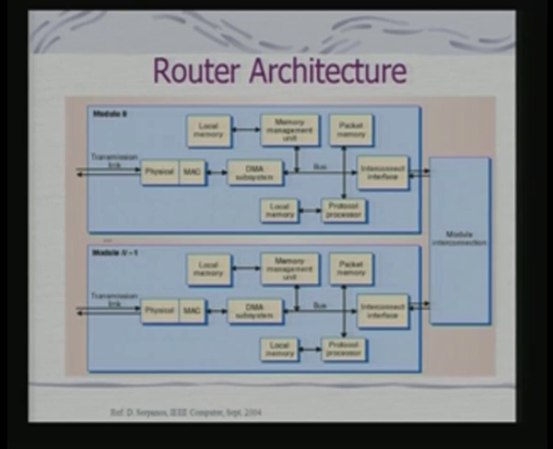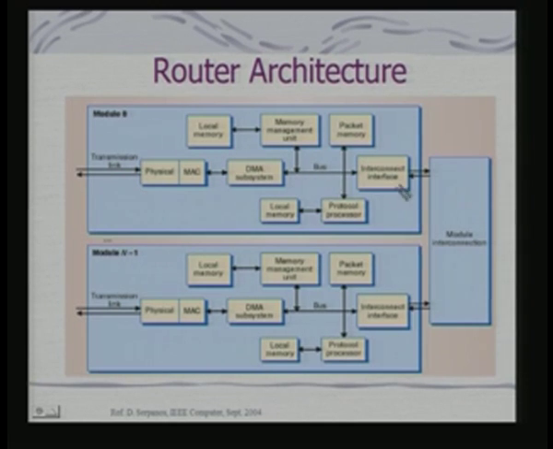So, the router looks something like this. What we have shown here is a router consisting of multiple modules, not just a single module. These two blocks take care of your physical layer requirements as well as the MAC protocol, which we have already discussed, because the router comes at the network layer level. You have your local memory and this is a DMA subsystem.